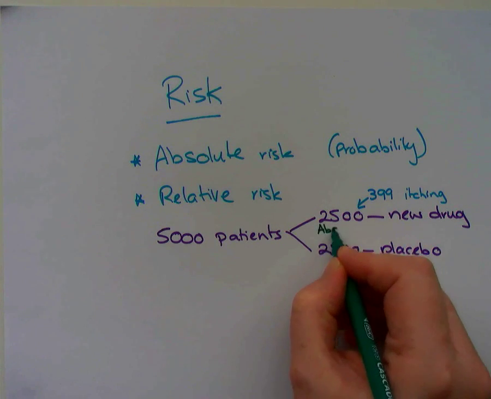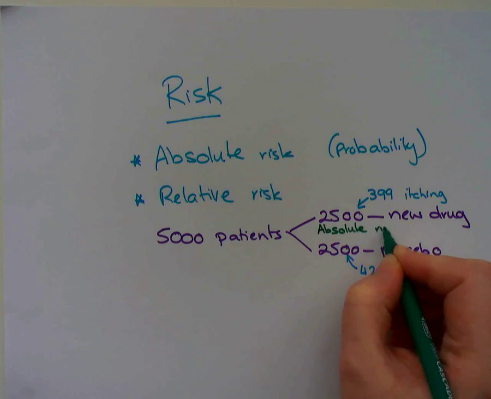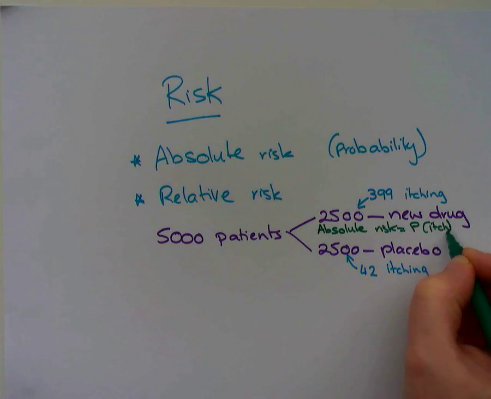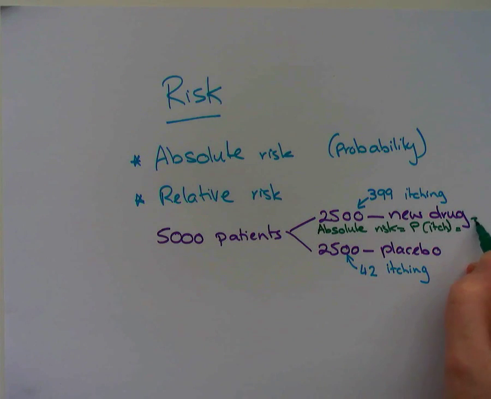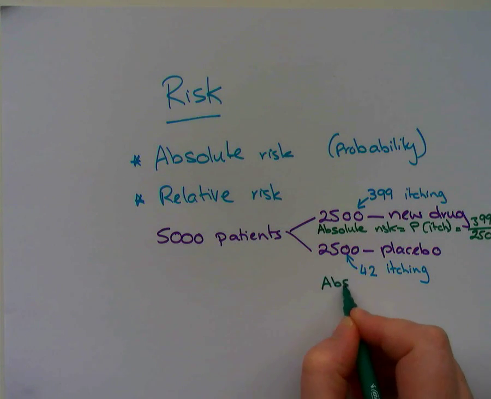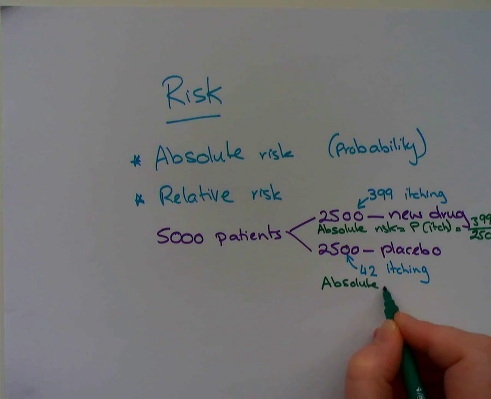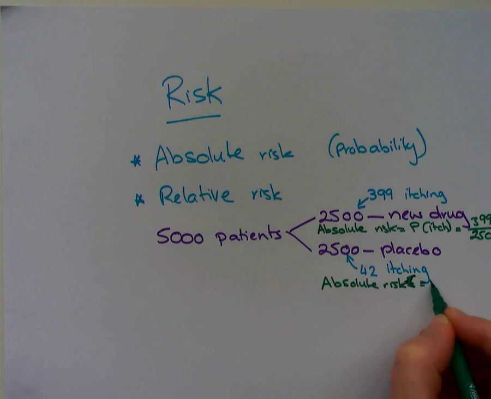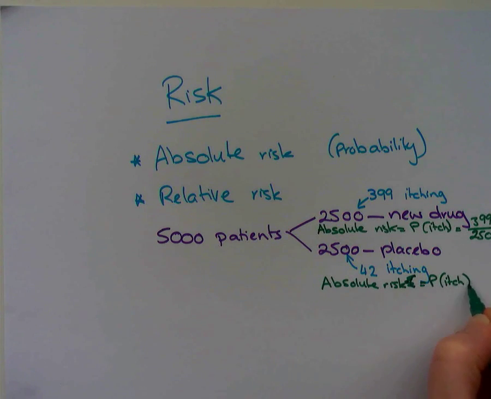The absolute risk, which is just a fancy way of saying the probability of itching, for the new drug group is 399 over 2,500. Equally, the absolute risk of itching for the placebo group is 42 out of the 2,500.